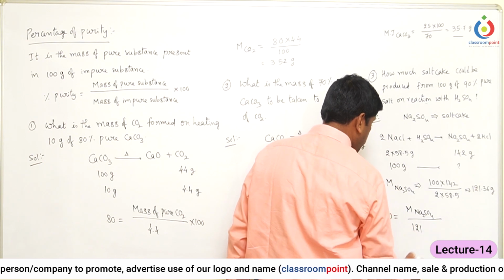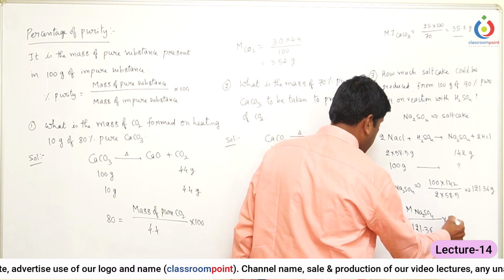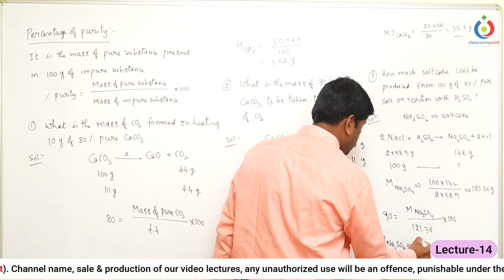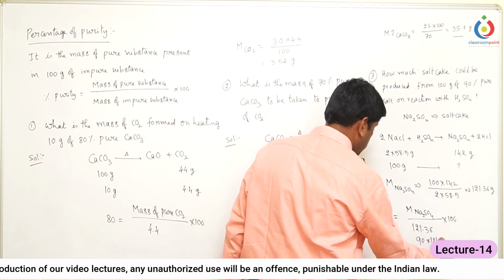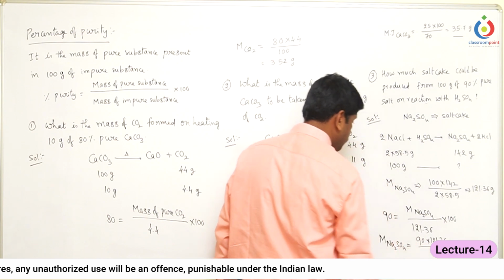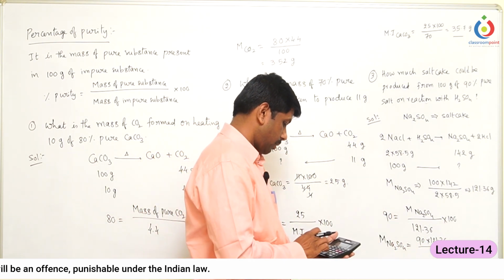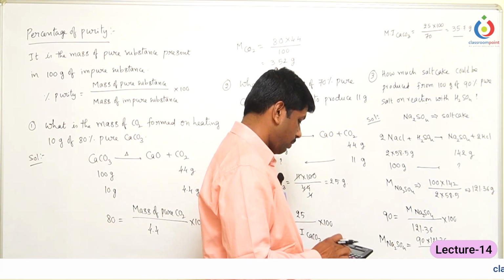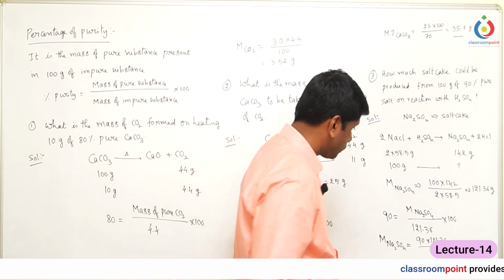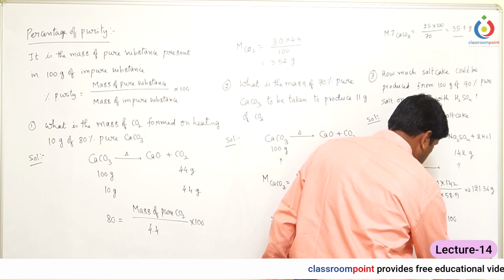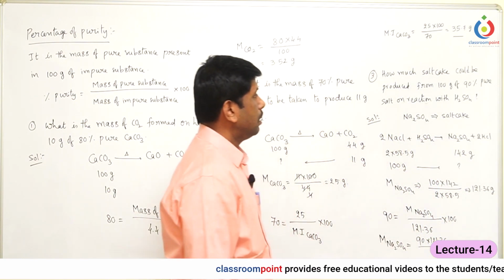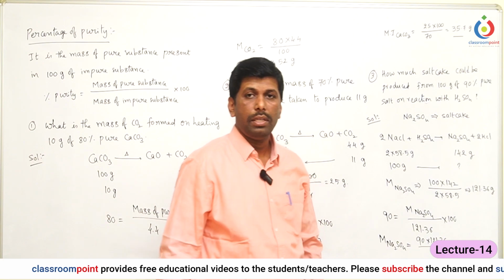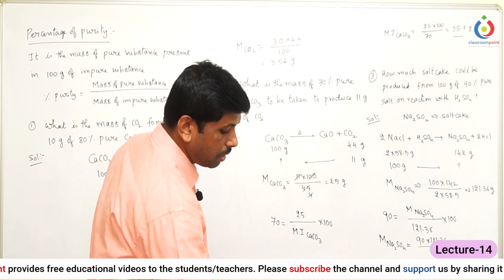If from impure salt 121.36 has come, then mass of Na2SO4 that is going to be produced is 90 into 121.36 divided by 100, which equals 109.224 grams. So this much salt cake could be produced from 100 grams of 90% pure salt on reaction with the sulfuric acid.